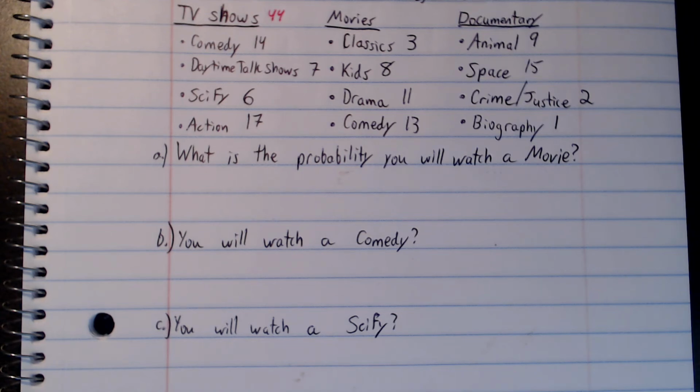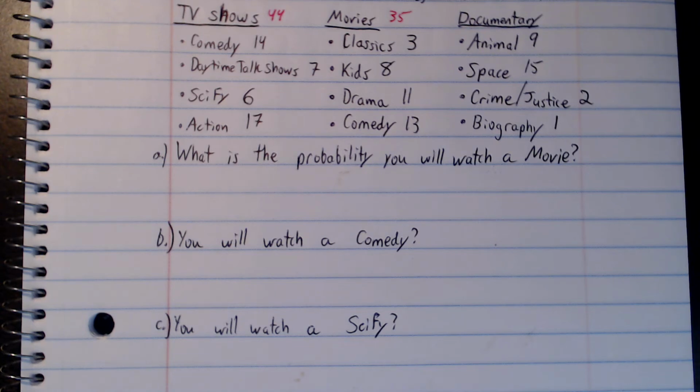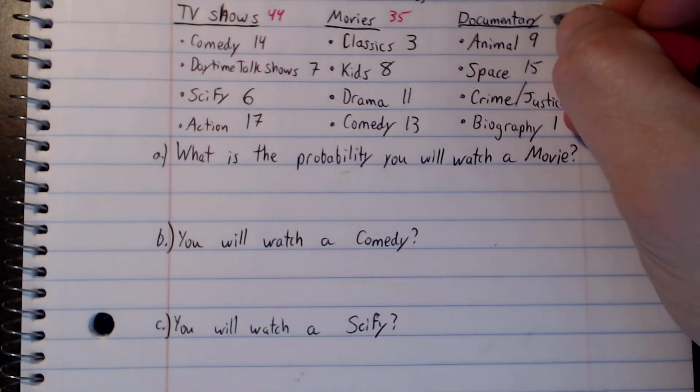You have 3 classic, 8 kids, 11 drama, and 13 comedy movies for a total of 35 movies. Then you got 9 animal, 15 space, 2 criminal justice, and 1 biographical documentary.